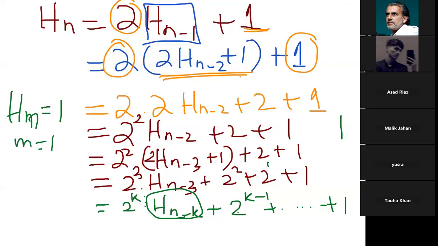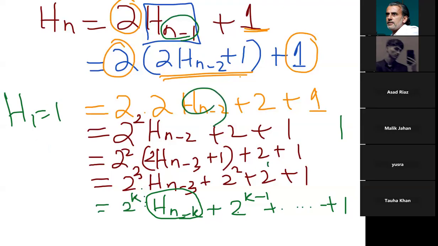In other words, h1 is equal to 1. So as we can see from this pattern, first term was n minus 1, then we had n minus 2, then n minus 3. It's going down. So eventually there will be a point where it will reach h1.